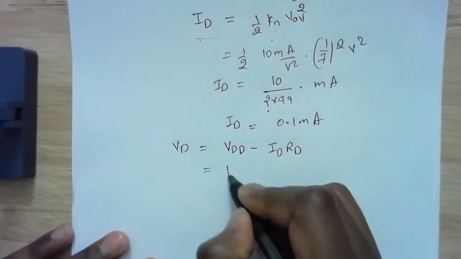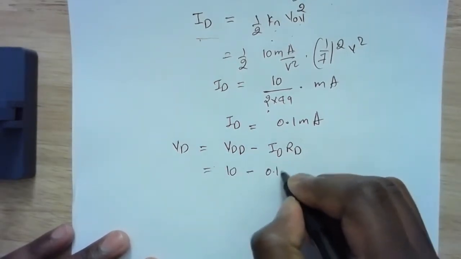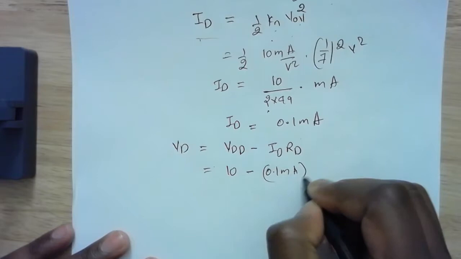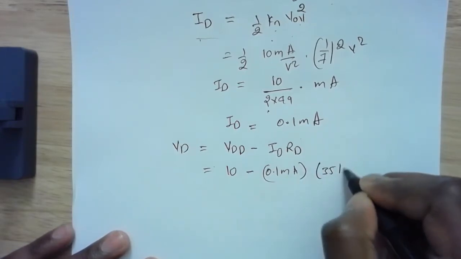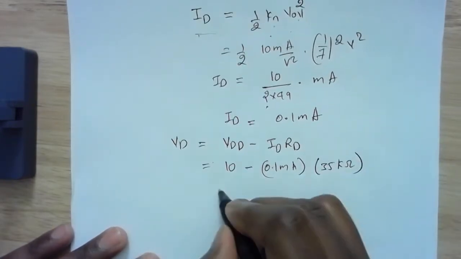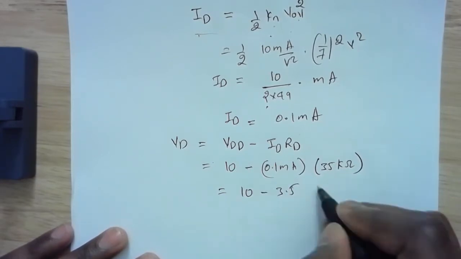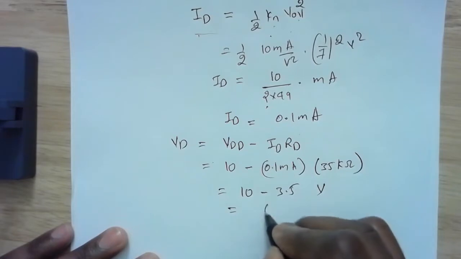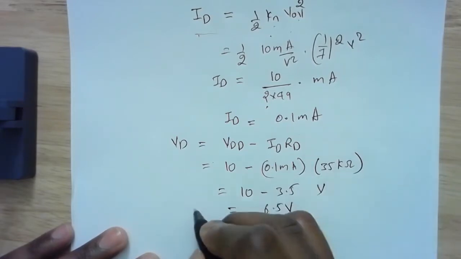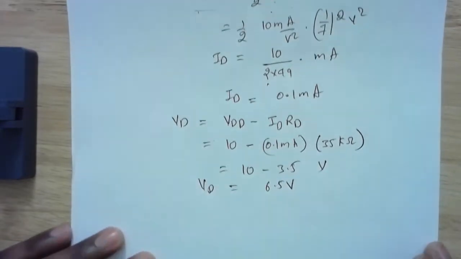So this will be equal to 10 minus 0.1 milliamps times RD, which is 35 kilo ohm. So this will be 10 minus 3.5 volts, which is 6.5 volts. So my VD is 6.5 volts. How do we check for saturation?